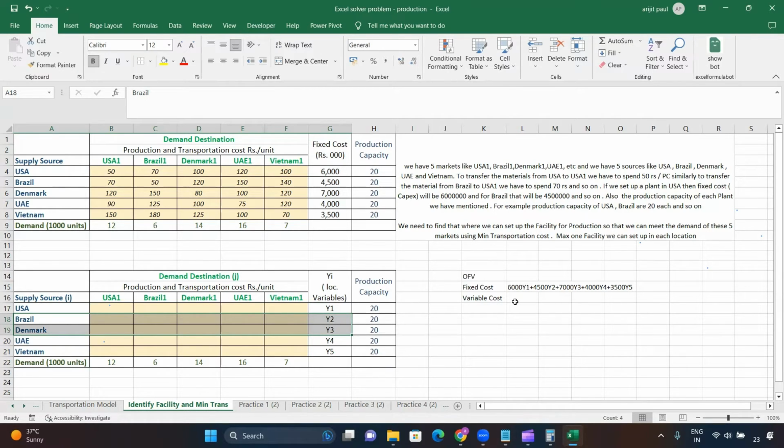Now what about the variable cost? So again, the variable cost will be huge.